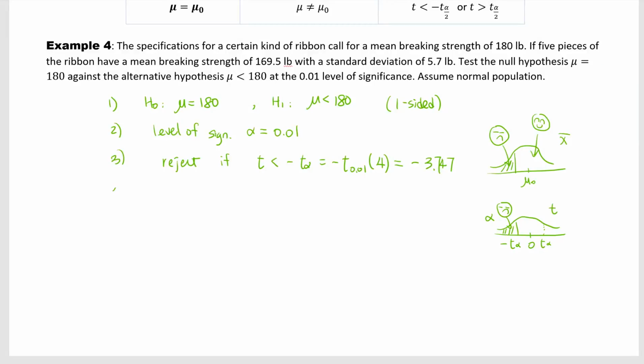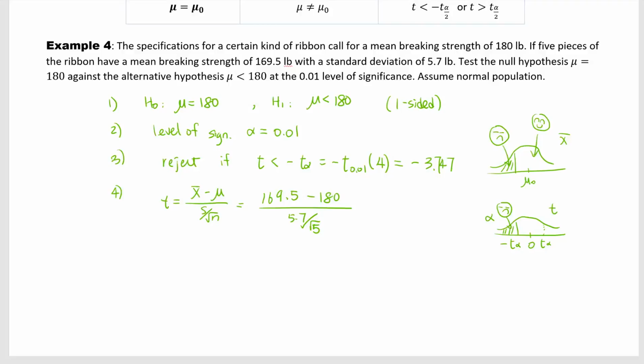Figure out the criterion. Step 4, calculate. So t equals x bar minus mu over s over square root of n. X bar is 169.5, and mu is 180. What is s? S is 5.7 over square root of n, n is 5.